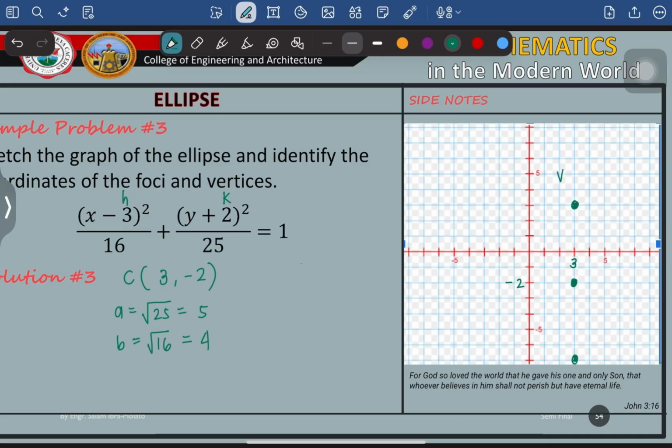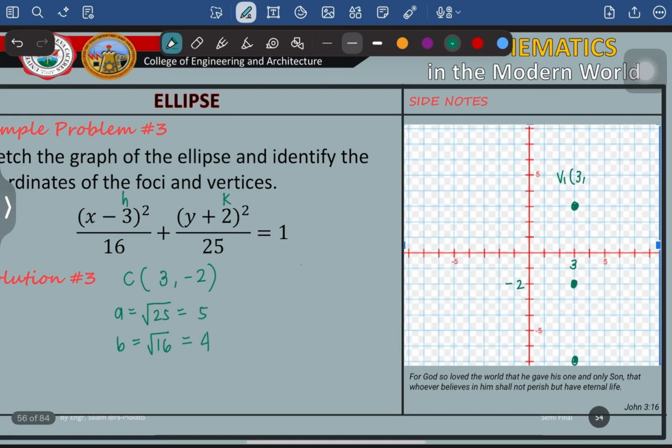Therefore, the vertex 1 is at 3. Then for the y coordinates, so positive 3. Then for the vertex 2, 3. And for the y coordinate of the vertex 2, so -7.